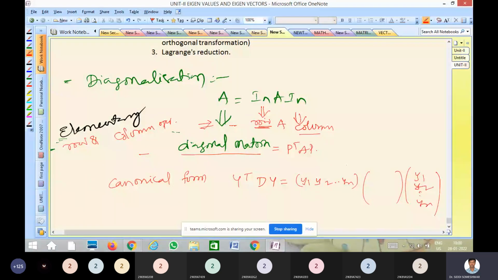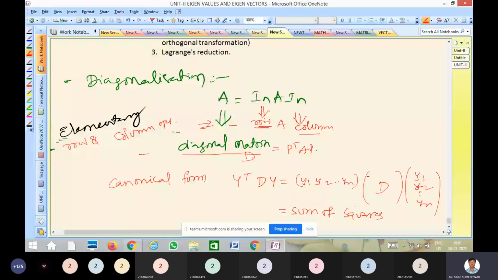This diagonal matrix gives you a sum of squares.